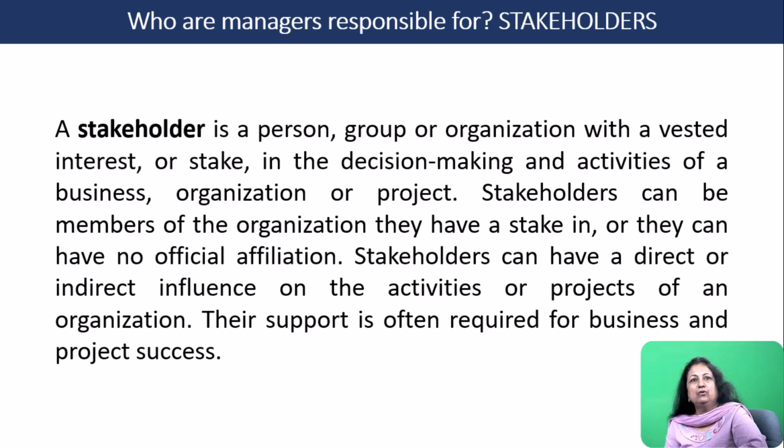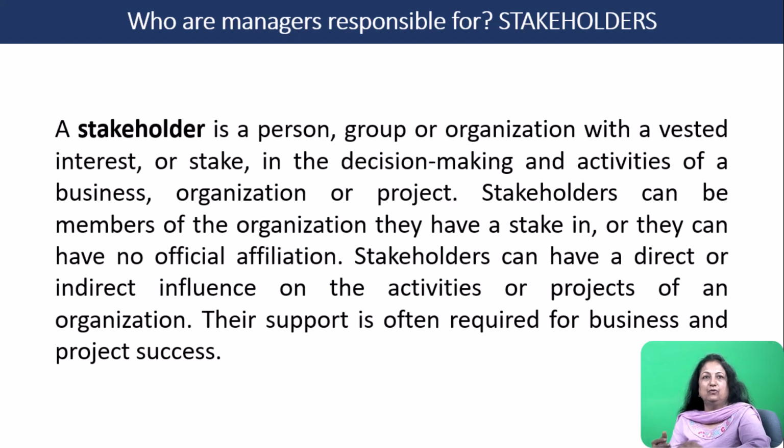Stakeholders can be members of the organization, or they can have no official affiliation. For example, the community could be a stakeholder. If an organization generates a lot of jobs, the community around it also benefits. The community itself may not have an official affiliation, but they also get jobs.